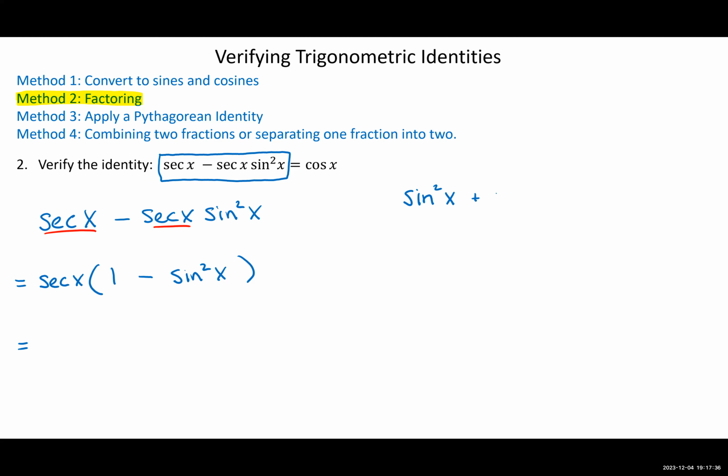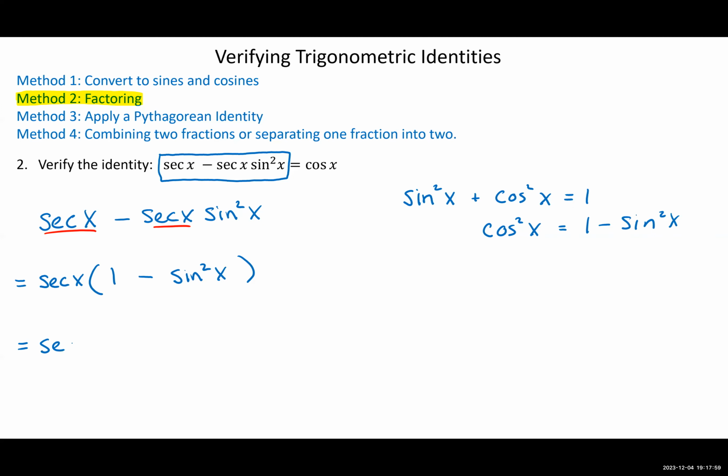Sine squared x plus cosine squared x is equal to 1. And I talked a little bit earlier about how we could reshuffle this equation, shuffle around the terms. And if we get cosine by itself, then cosine squared of x is equal to 1 minus sine squared of x. Okay.